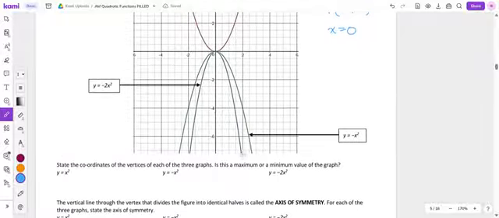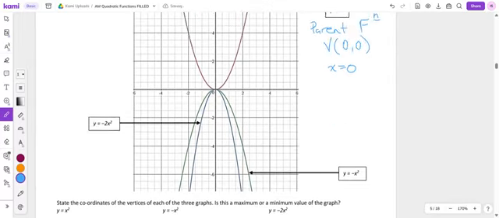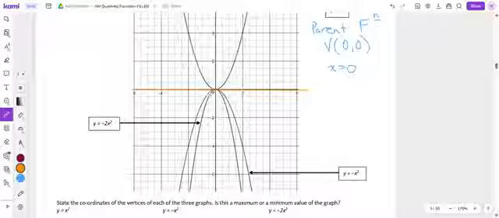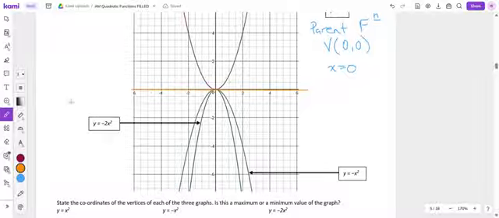Now, there is a change here, right? The parabolas are upside down. Now, I want to tell you what we call this mathematically. So imagine there's a mirror right here. When that parabola flips upside down, we call this a reflection.